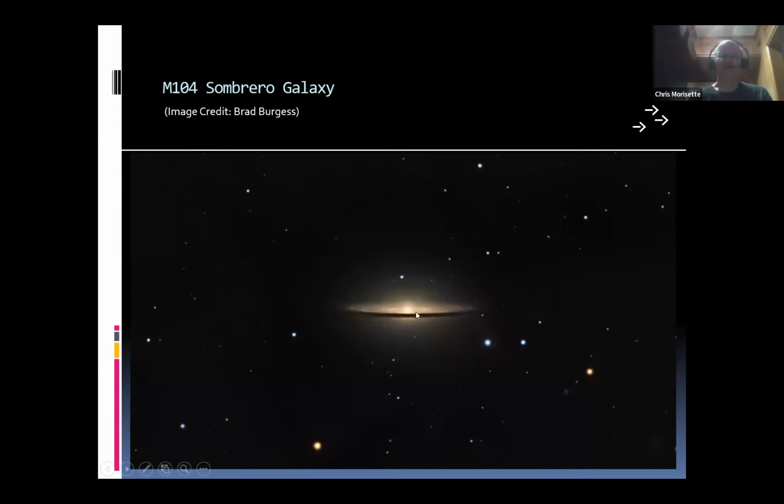You can still see the bulge inside the galaxy, although some of it is obscured by the dust lane. This galaxy is about 28 million light years away, and it's about 7/10 the size of our own Milky Way. It has that beautiful edge-on look and dust lane, which is really a treat to go out and find. And so that's M104, the Sombrero Galaxy.